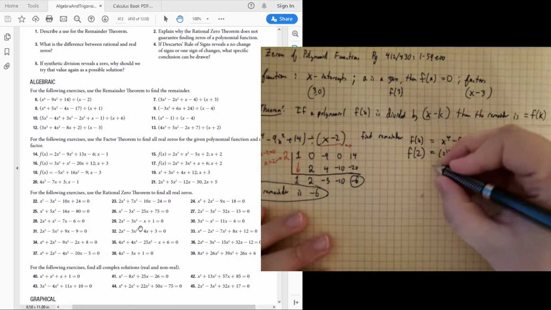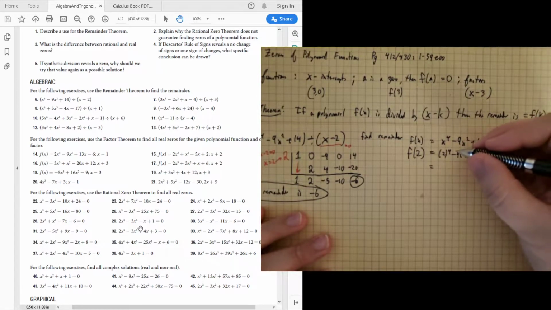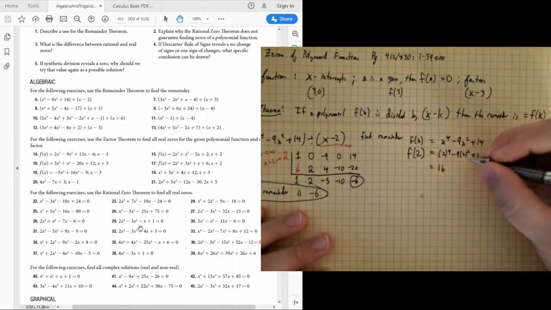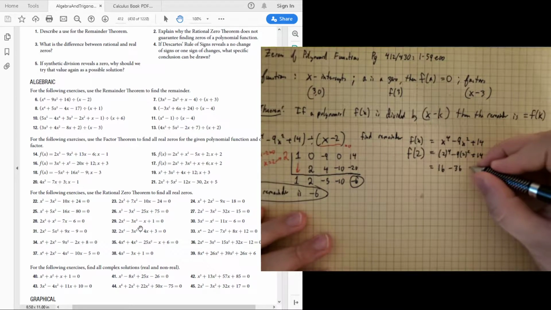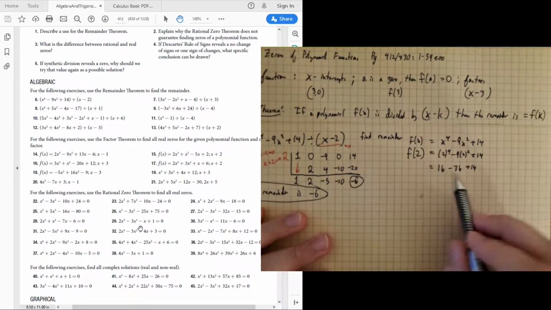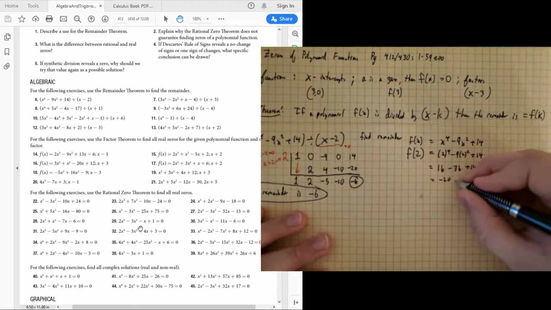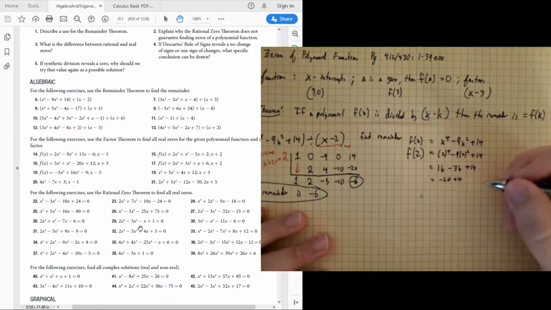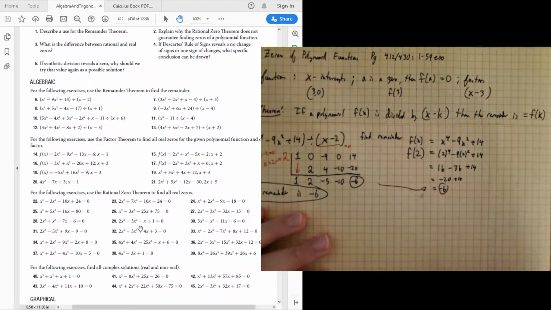So let's try it. 2 to the 4th, 2 times 2 is 4, times 2 is 8, times 2 is 16. 2 squared is 4, negative 9 times 4 is negative 36. And then 14 is 14. Let's see, 16 minus 36 would be negative 20 plus 14. Negative 20 plus 14 is negative 6. Look at that. That's pretty cool.